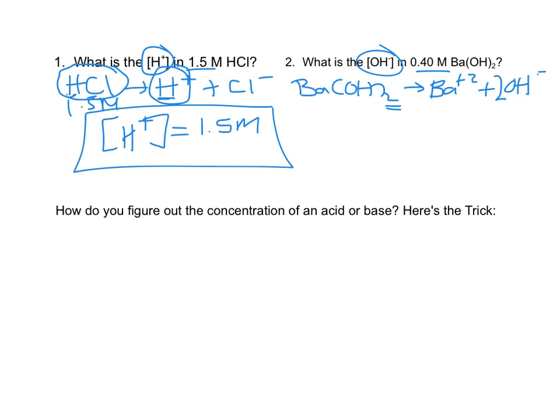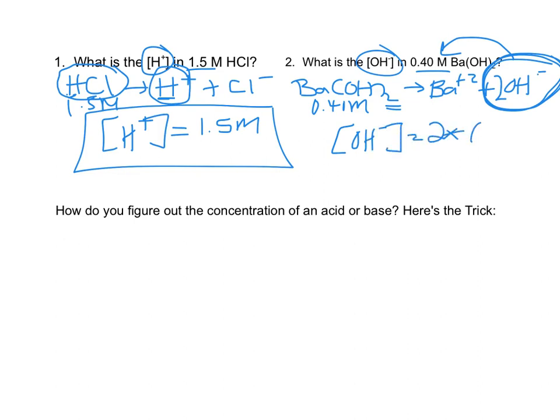But for number 2, our basic solution had a molarity of 0.4. But when this base dissociated, we have the double amount of hydroxide ions. So we're simply going to just double our molarity. So the concentration of hydroxide would be 2 times 0.4 molarity, giving us a concentration of 0.8.